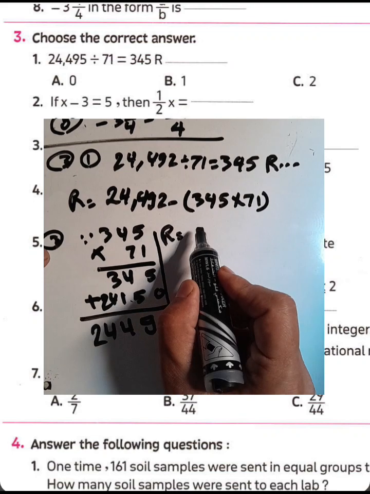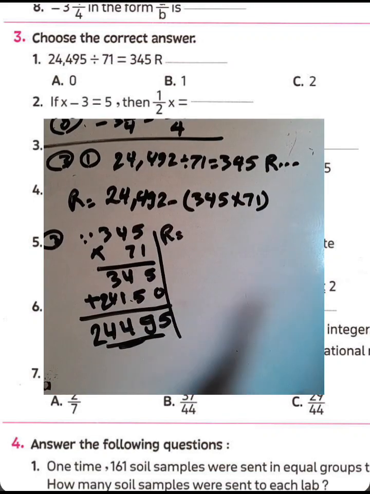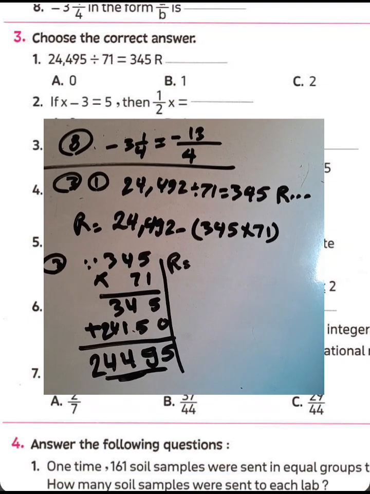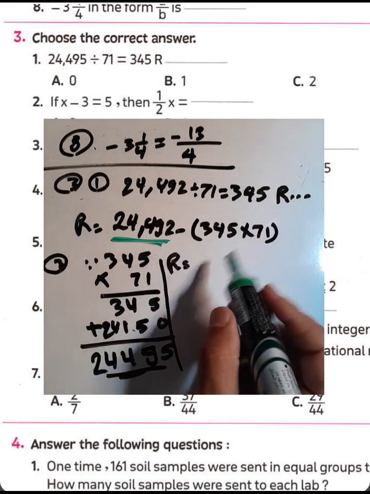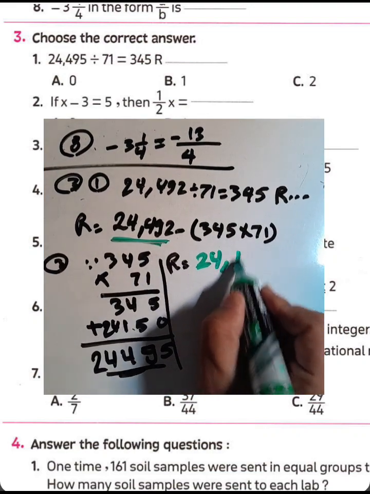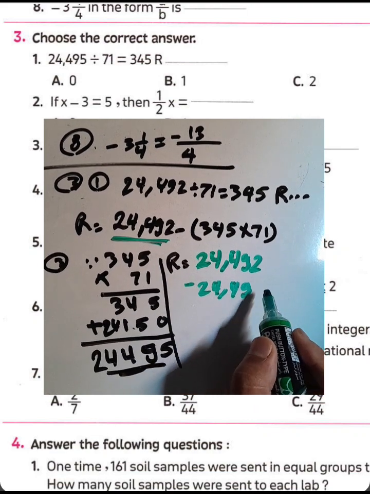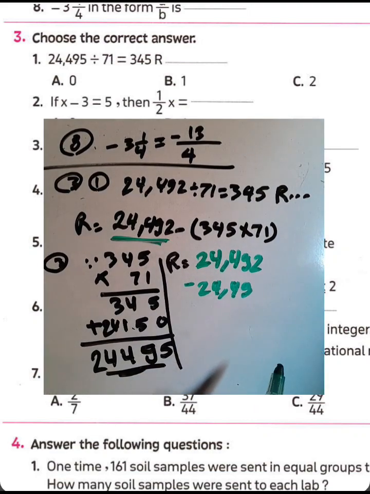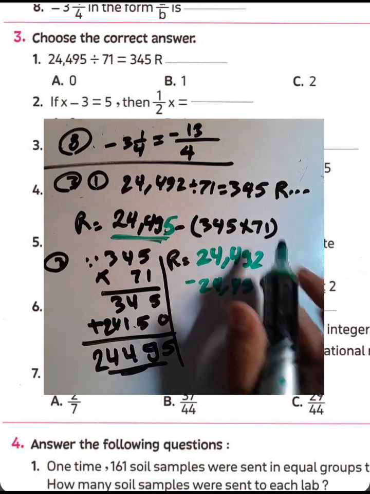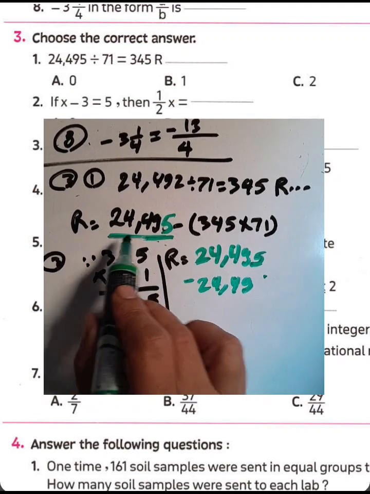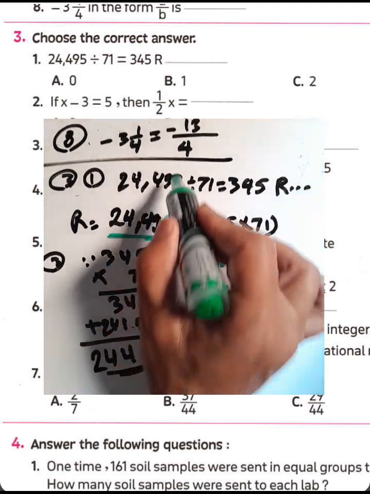Then the remainder will be the difference between the dividend and the result of multiplying the two numbers. The dividend is 24,492, subtract 24,495.